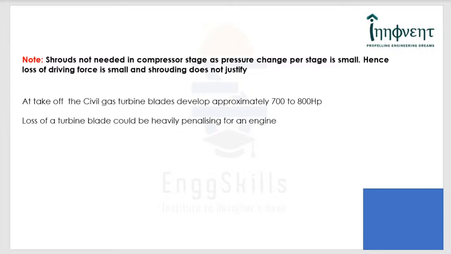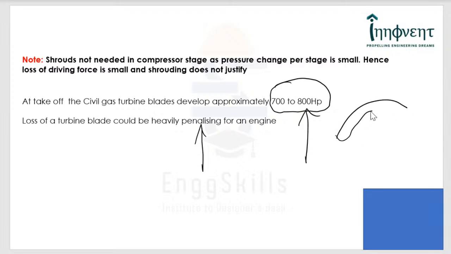Now, this is the reason I have been saying that if one turbine blade is lost, it can be extremely penalizing for an engine, more than a compressor blade, because the turbine is power generating, so it can have a huge amount of camber.